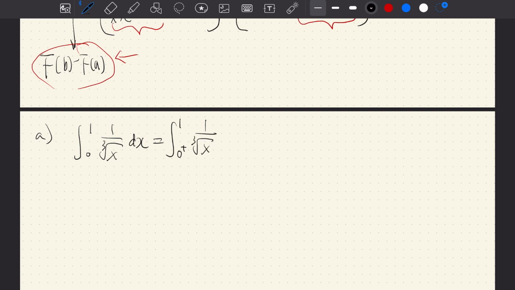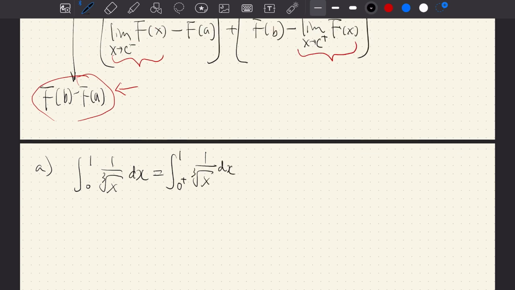We write 0 plus because we're approaching 0 from the positive side, and at 0 we have an infinite discontinuity.